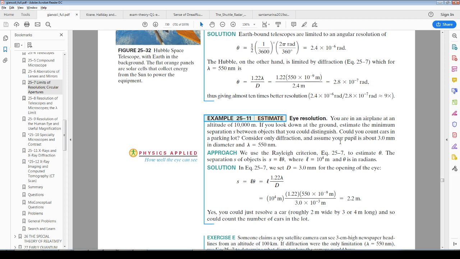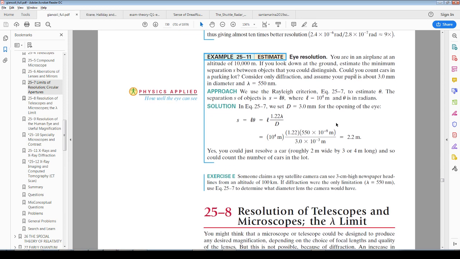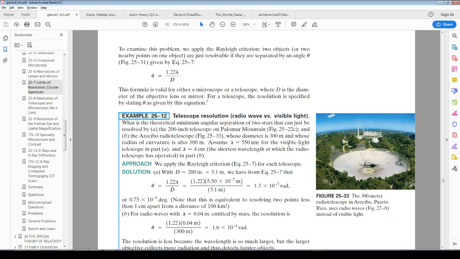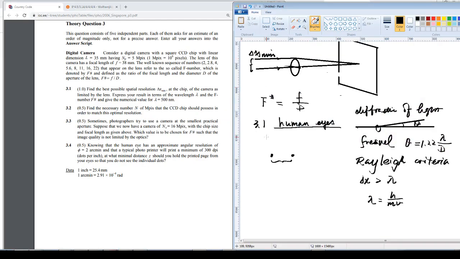Light has to bend around, traveling such distances, which changes the angle significantly. So this is really a very ideal situation, that you can see a car from 10 kilometers. Okay, so I think we can come back and do this.